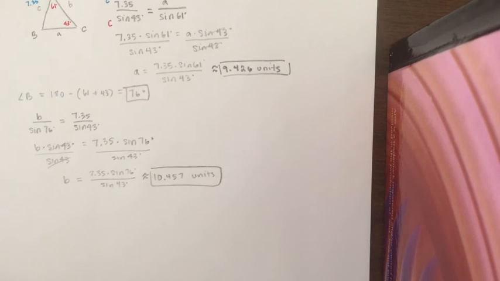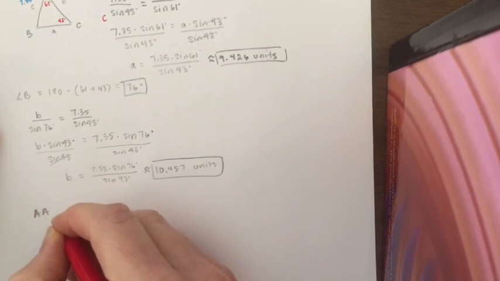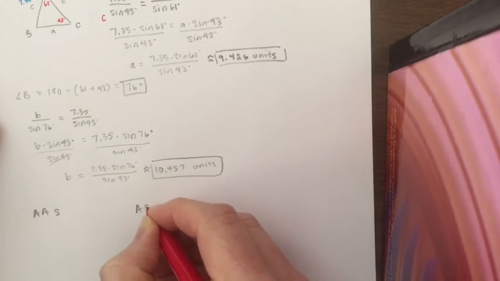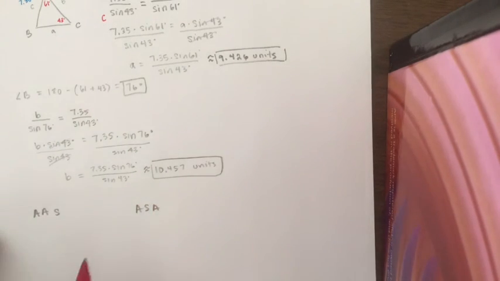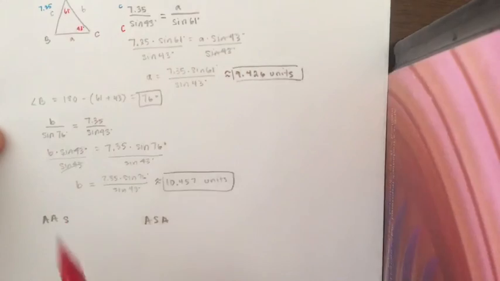Law of sines, on the other hand, is important when you know angle, angle, side, or when you know angle, side, angle. And so this problem that we did was an example of angle, angle, side right there is what we knew. So anyway, these are the two situations you could use law of sines.